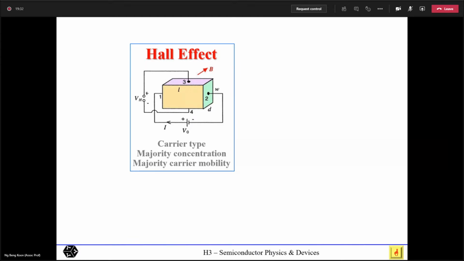From such a measurement, we can determine a couple of things about the semiconductor. The first is the majority carrier type present in the semiconductor. The second is the majority carrier concentration in the material. And from this experiment, you can also determine the carrier mobility. So there's a couple of things that you can determine from this single measurement. It's a common characterization tool used to determine device characteristics and semiconductor properties.